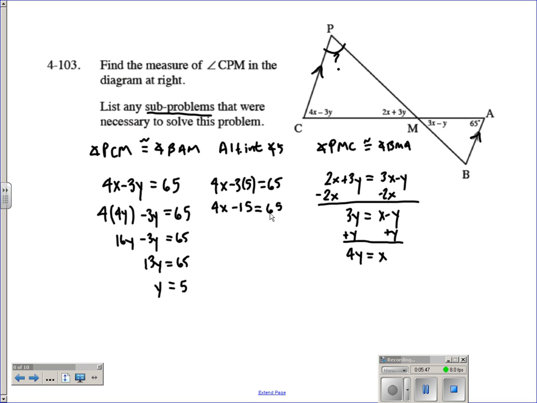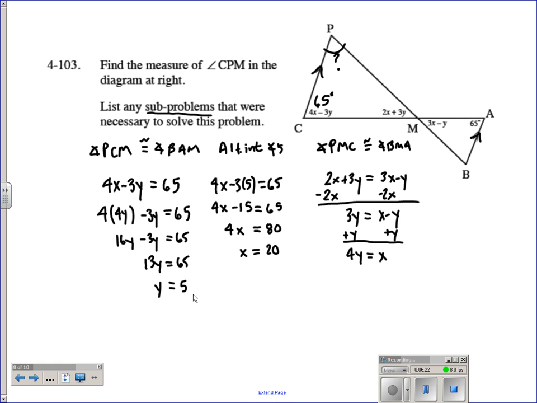When we add 15 to each side, we should end up with 80. We have 4 times some number equals 80, so x equals 20. Now that we know that x equals 20 and y equals 5, we can figure out the measure of some of these angles. We already know that this one is 65 degrees because it's alternate interior angles.